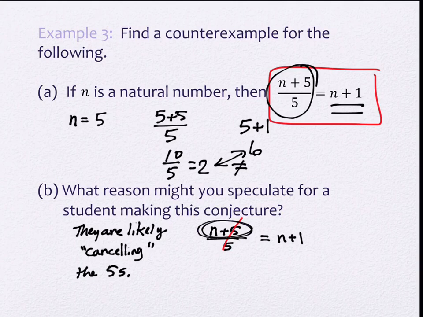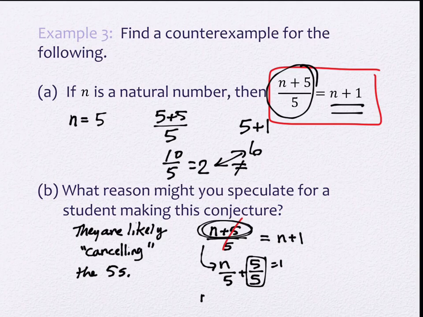So is there a way to rewrite it? There is. You could separate it out like this if you wish, and make each piece divided by 5. There's where that 1's coming from, right? This piece is equal to the 1. But the over 5 would still be applied to the n if we tried to do that.